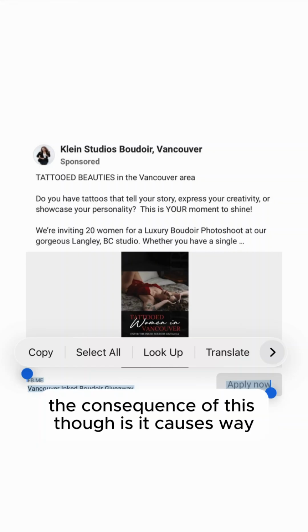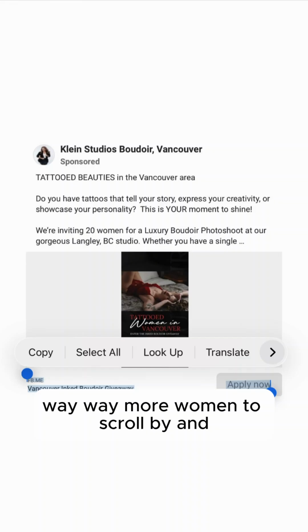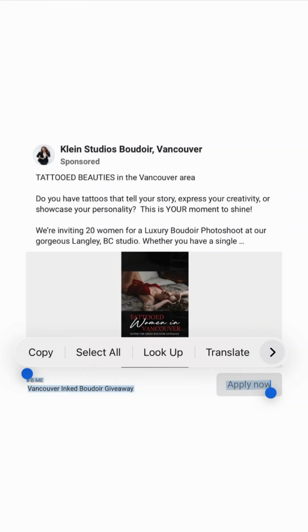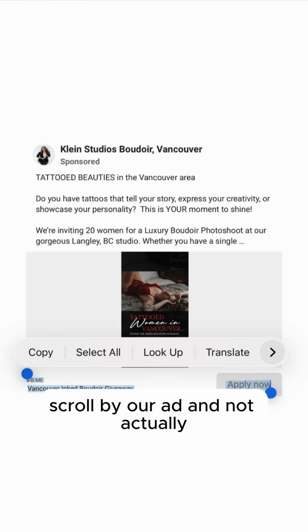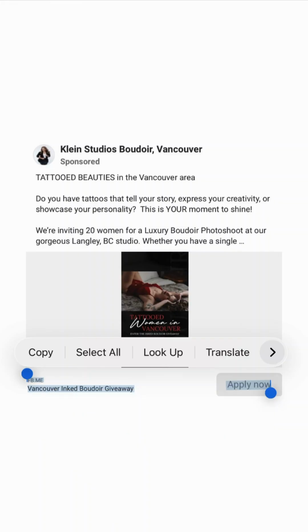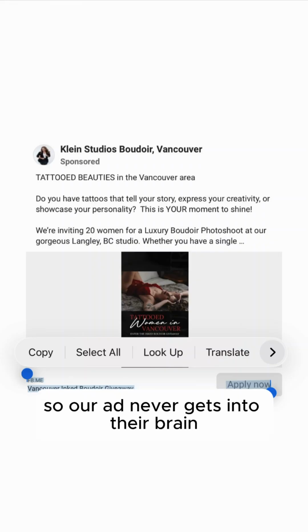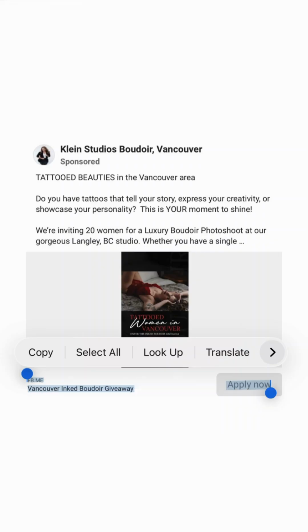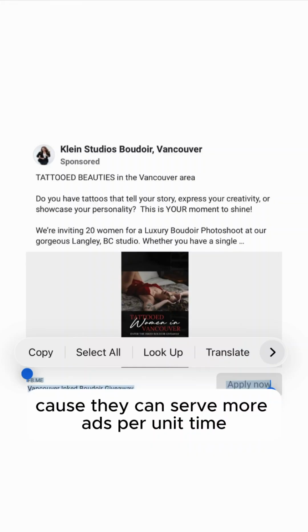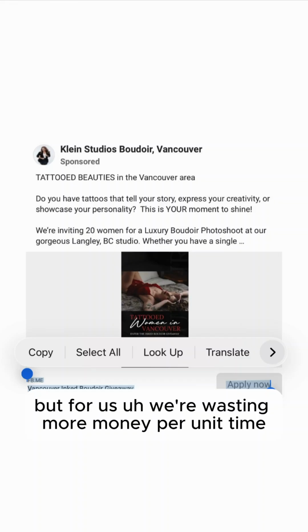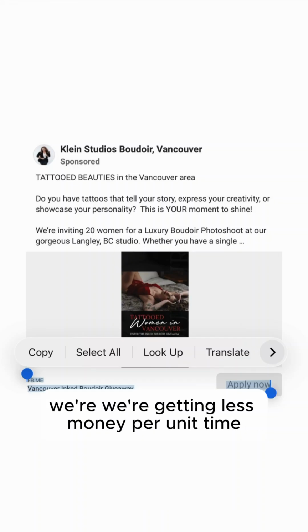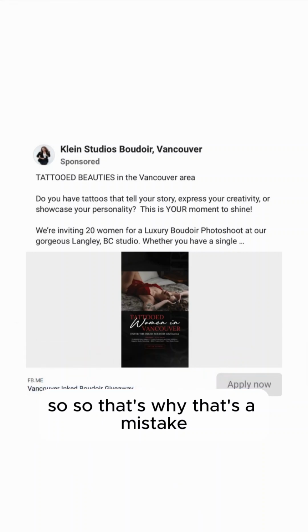The consequence of this, though, is it causes way, way, way more women to scroll by our ad and not actually click, so our ad never gets into their brain. But Facebook likes that because it can serve more ads per unit time. But for us, we're wasting more money per unit time. So that's why that's a mistake.